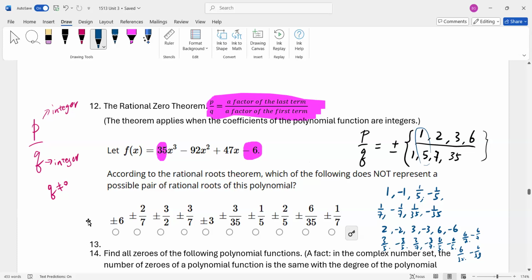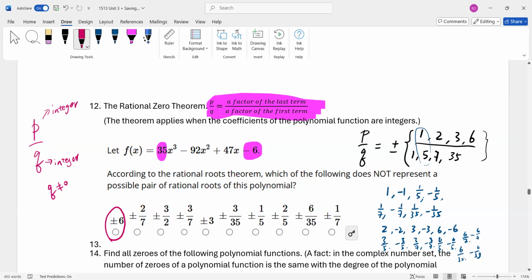It's the pair of, because it has plus minus. The first pair, 6 over 1. It is, right? It is. Because 6 is a factor of the last term. 1 is a factor of the leading coefficient. As you can see, I have 6 on the top, I have a 1 on the bottom, right?